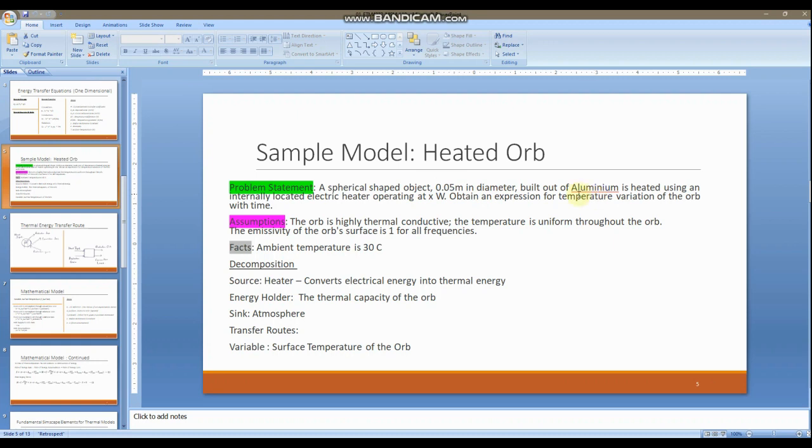And then, as the objective, I have requested you to obtain an expression for the variation of temperature of the orb with time. That's our statement. And I have given an assumption which asks you to consider the orb to be highly, extremely thermal conductive, and this is quite contradictory to providing you the material of the orb.